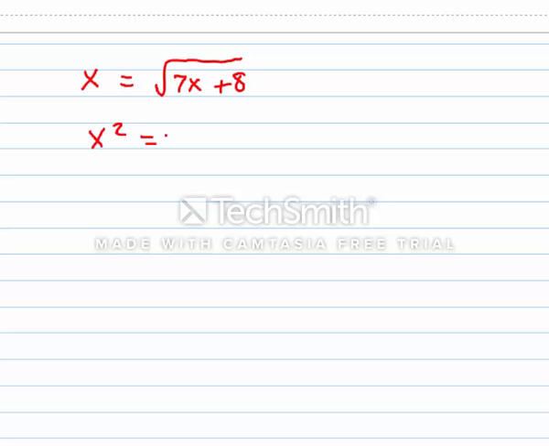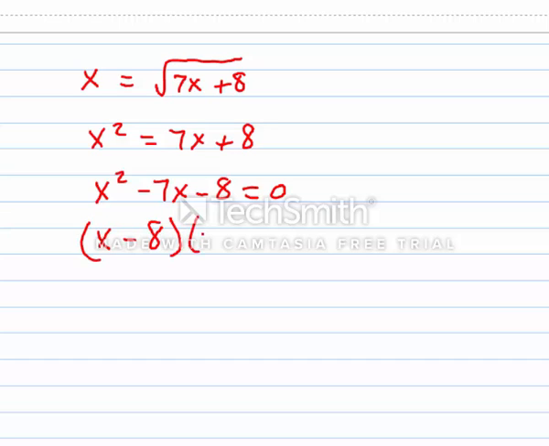x squared is equal to 7x plus 8. When we have an x squared and an x, you've got to bring everything over to one side. So we'll bring it all over to this side by subtracting it over. Now we factor. What are the products of this? Well, it's also 8 times 1, so we go minus 8 and x plus 1 is equal to 0.